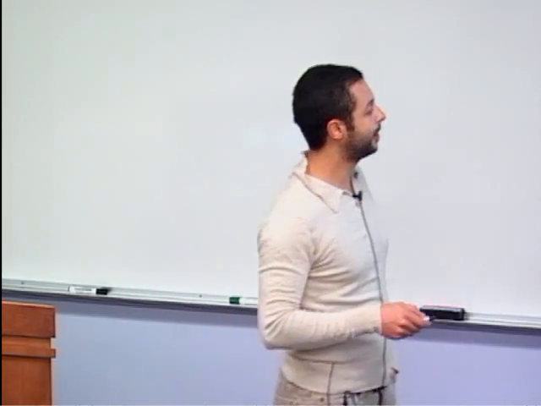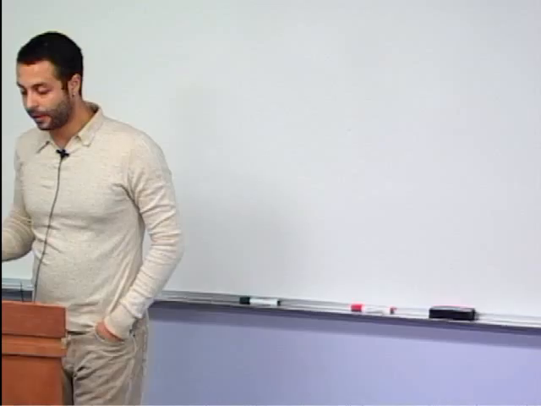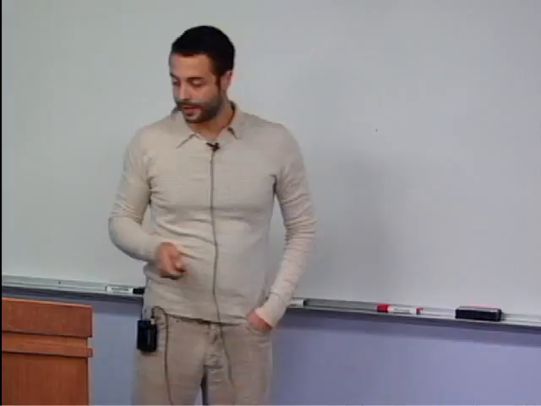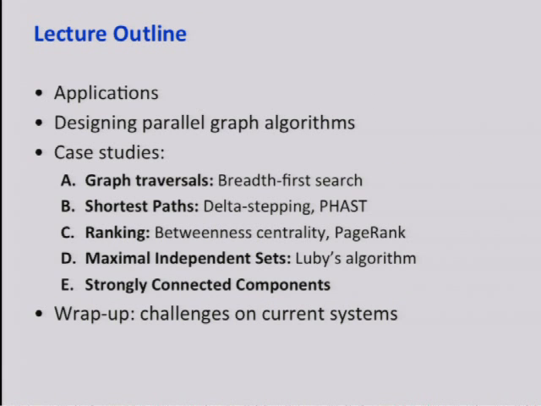But today, we'll be mostly speaking about non-semantic graphs. And the edges can be directed or undirected. And finally, a path is a sequence of edges that are connected to each other, and the length of a path is going to be the sum of all the weights along all these edges.